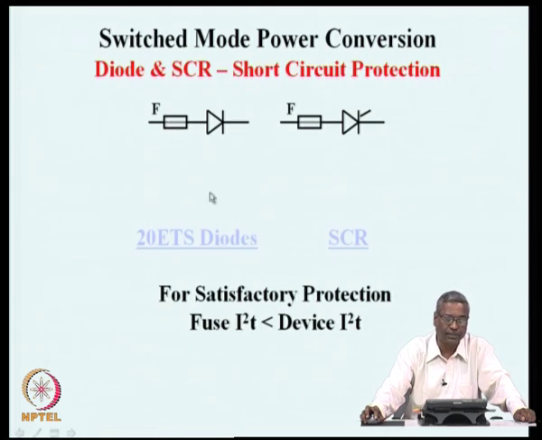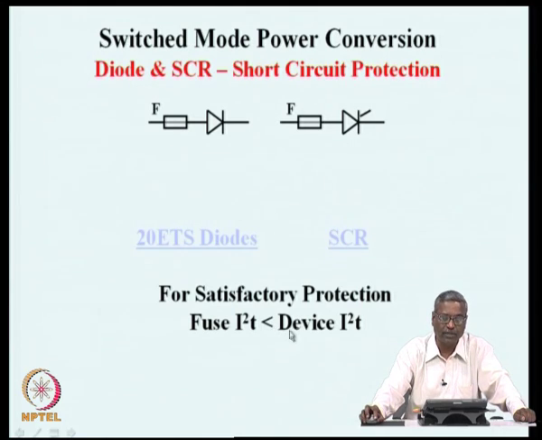In such protection, it is necessary to make sure that the I square T rating of the fuse, that is the product of the square of the current and the time for which the current is flowing, that is what is known as fuse I square T. Whenever a fuse specifies that it has certain I square T, you can take it that when the I square T exceeds that number, the fuse will melt and break.